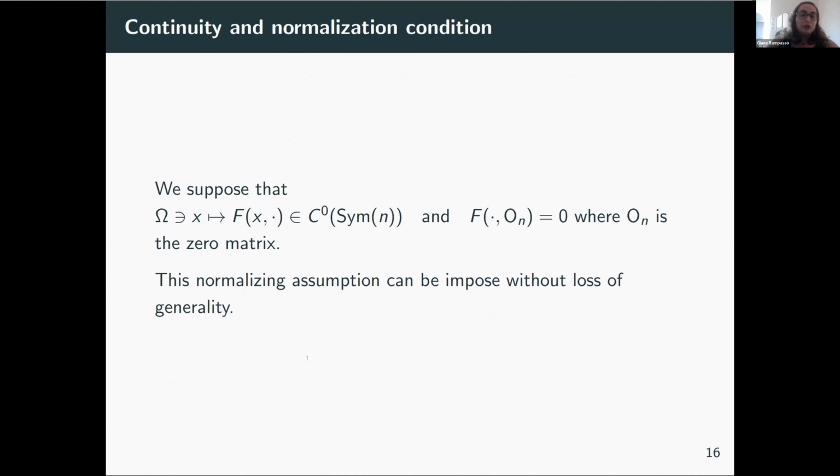In our work, we are supposing that F is continuous in the set of symmetric matrices, and that F is 0 at the zero matrix.